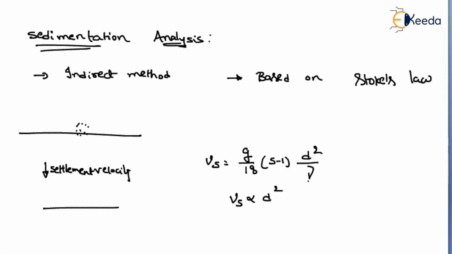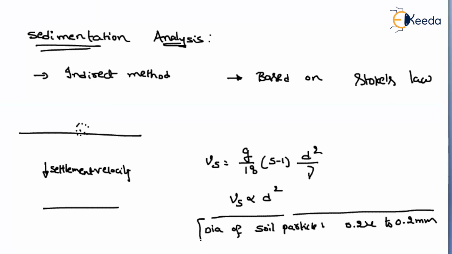That means the larger the diameter of the particle, the greater the settling velocity. This equation is valid only if the diameter of the soil particle is in the range between 0.2 micron to 0.2 mm. If the diameter is in this range, then only can we apply the sedimentation analysis.